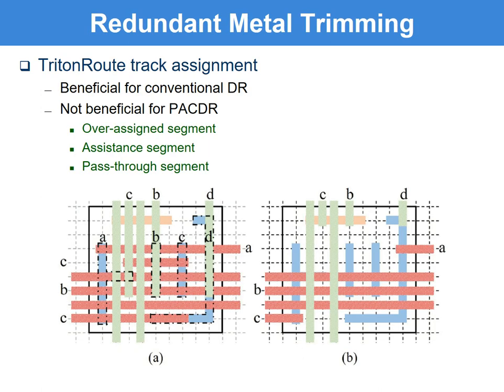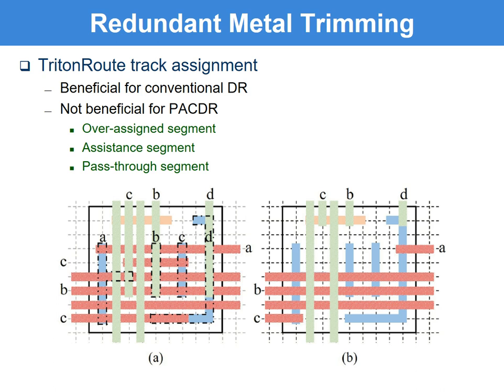Wire segments are assigned during the track assignment stage based on global routing results. In addition, some short segments are usually assigned to reserve routing resources for specific pins, which is beneficial for conventional detail routing, but not for PACDR.